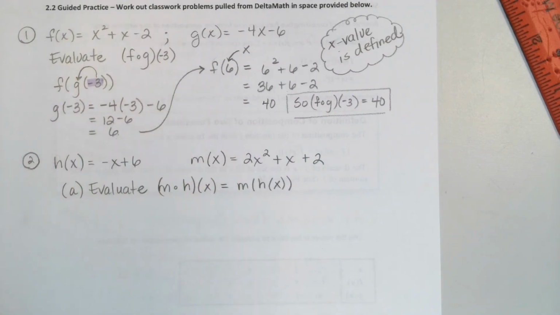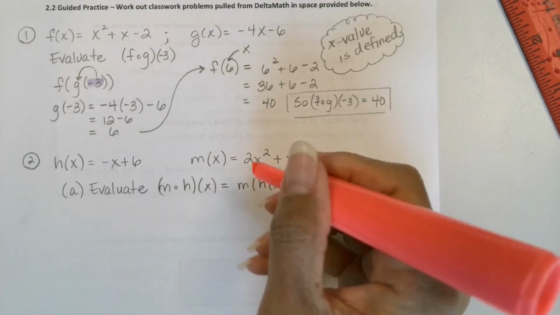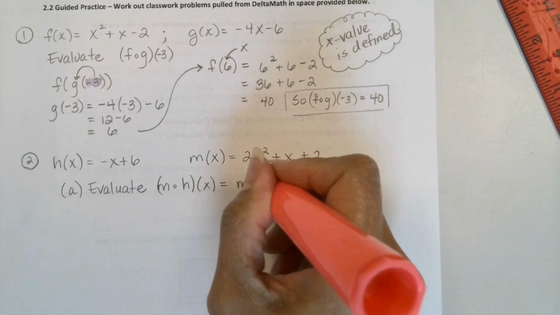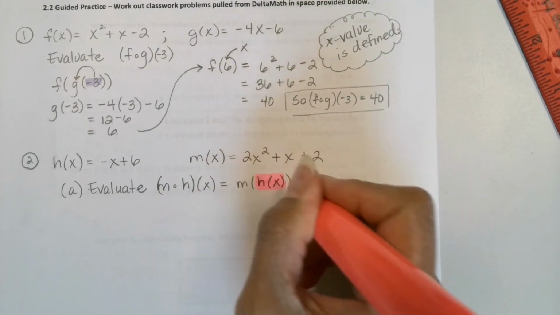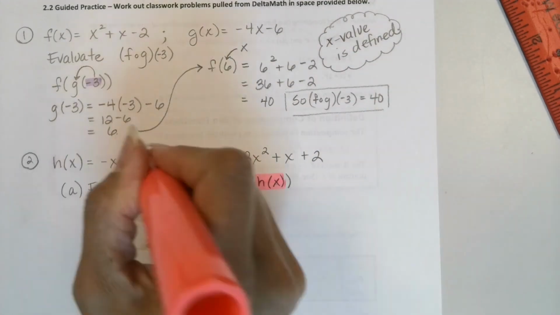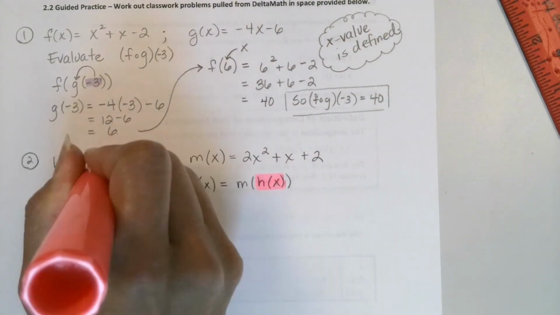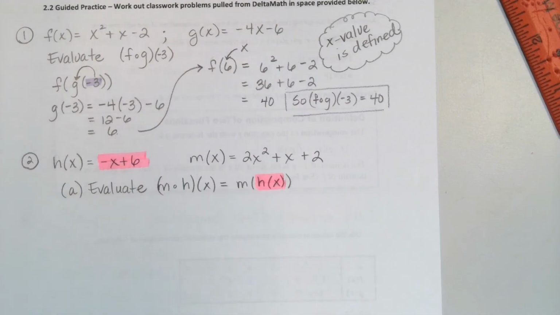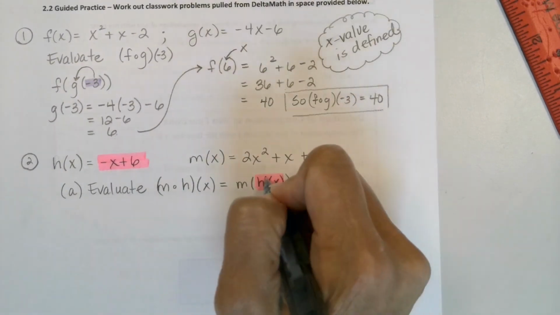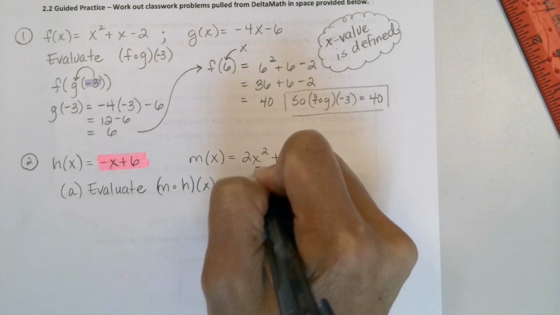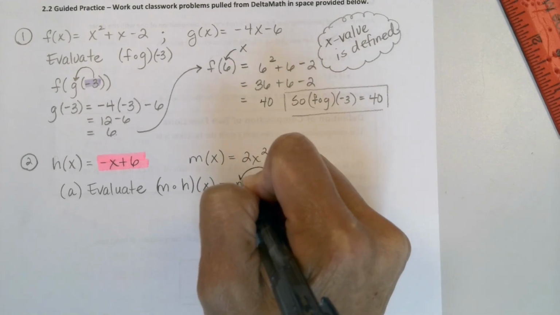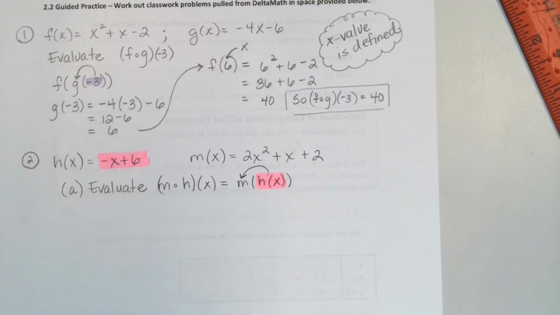So let me highlight this to make it visibly clear. This is my h of x. It was already given to me. It's right here. Okay? So what I need to do is take this h of x and replace every x of my m.